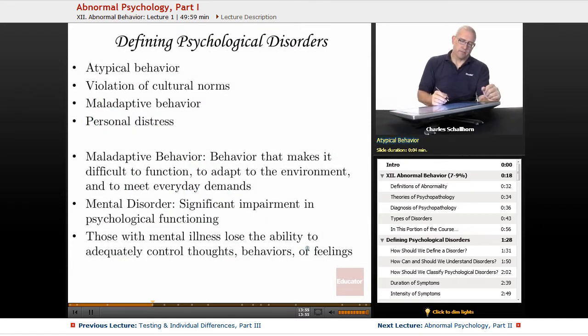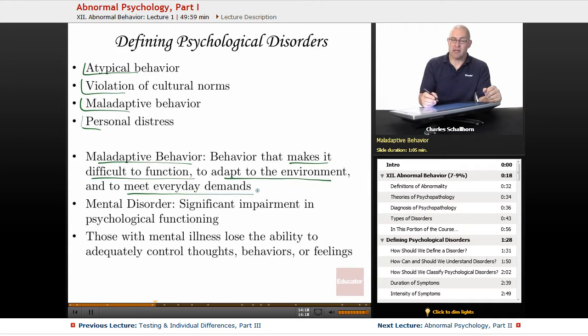Psych disorders include atypical, non-typical behavior, violation of cultural norms, maladaptive behavior, and personal distress. Now, maladaptive behavior has a specific definition. That's behavior that makes it difficult to function, difficult to adjust to the environment and to meet everyday demands.